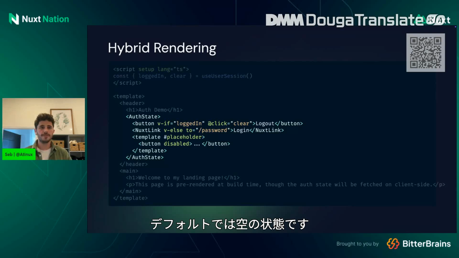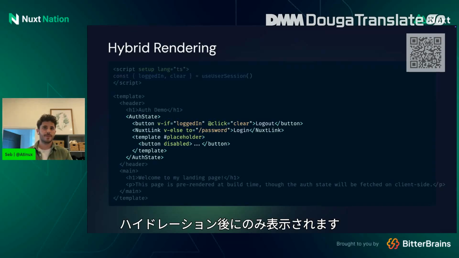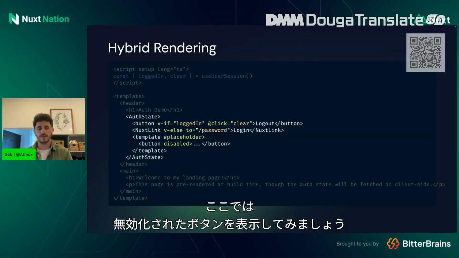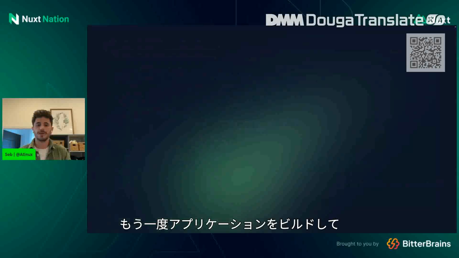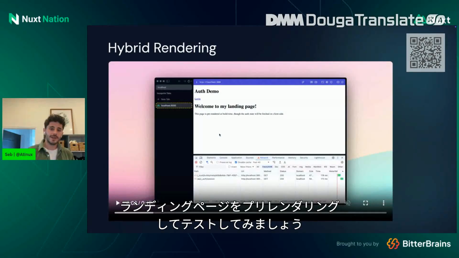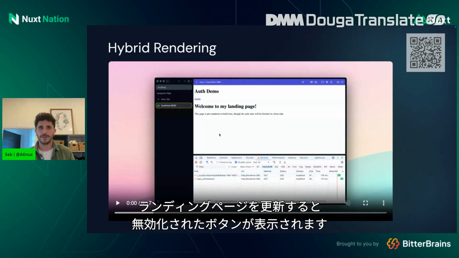By default, it would be empty, so only the button will be displayed. The login or logout button will be displayed after hydration when we know the authentication state. But here, let's display a disabled button and the 3 dots, so we pretend it's loading. Let's build our application again, pre-render the landing page, and test it.